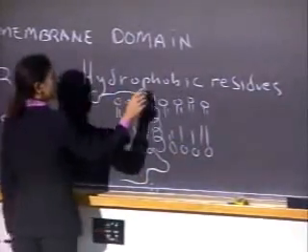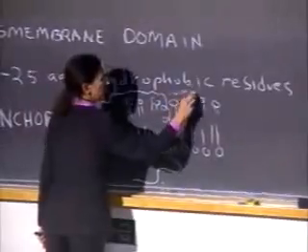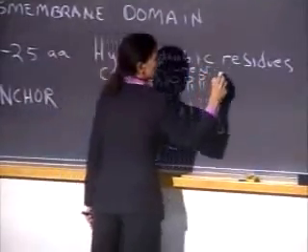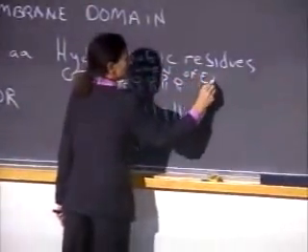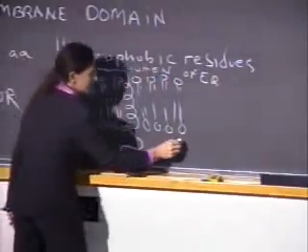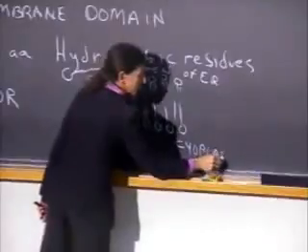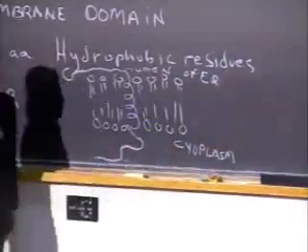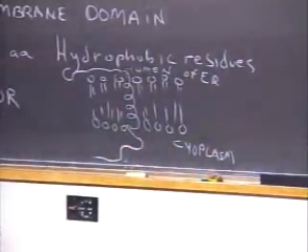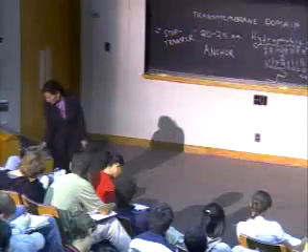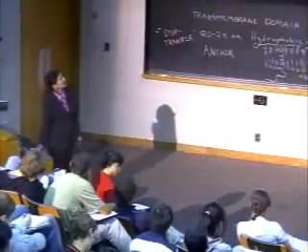If this part is the lumen of the ER, right in here, then this is the cytoplasm. Okay, so that's how membrane proteins of this kind look.